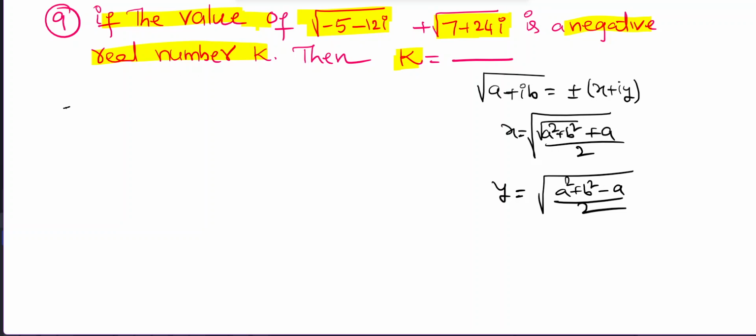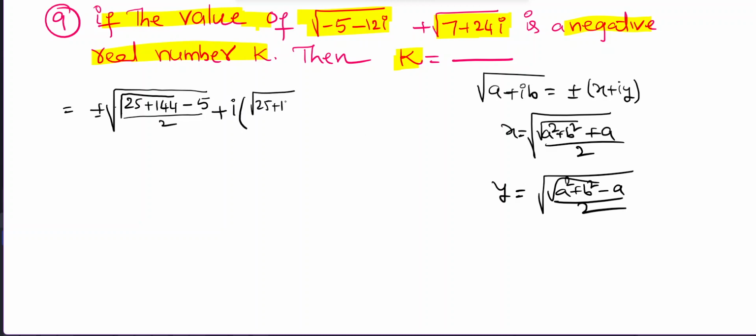So that is equal to plus or minus under root of square root of a square plus b square, 5 square plus 12 square, that is 25 plus 144, plus a value minus 5, by 2, plus i into y value, that is square root of a square plus b square, also 25 plus 144, minus a means plus 5, by 2.